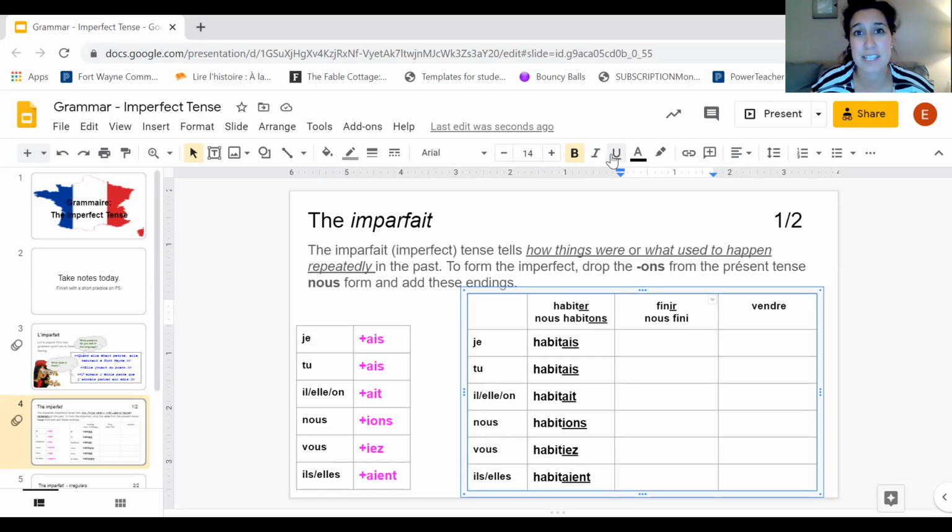IS, IS, IT, ISSONS. Well, I can stop there because we got to nous. ISSONS. So this is our nous ending. So here, if we take off just the ONS, we're left with finiss.